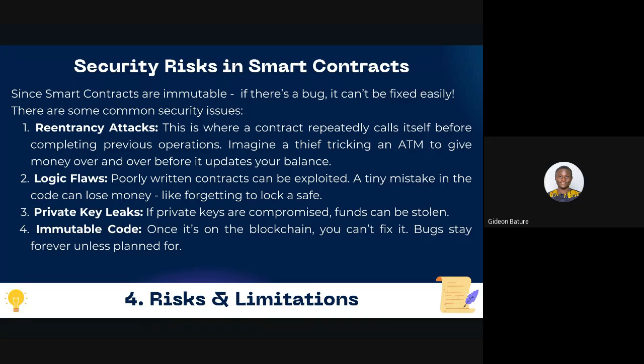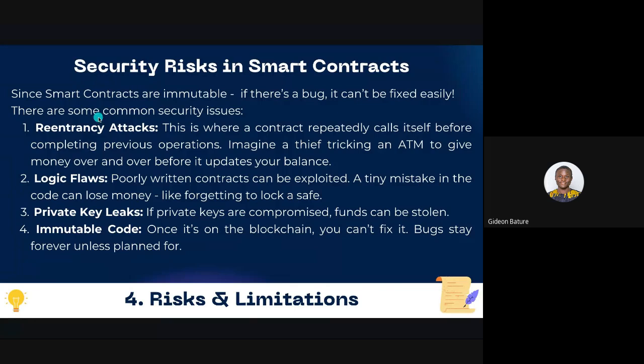But after paying you that $30, the function keeps on running and keeps on paying you $30, $30, $30. So that's one of the security issues of smart contracts. There can be a reentrancy attack where a contract repeatedly calls itself before completing previous operations. So it's synonymous to probably a thief tricking an ATM to give him money over again before it updates his balance. You understand? So this is one of the security issues.